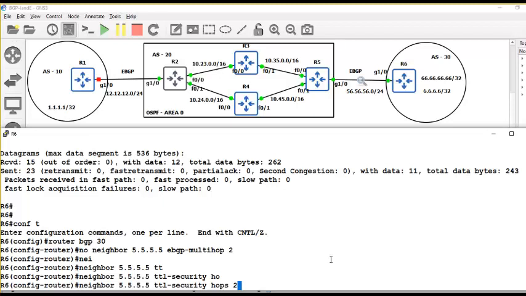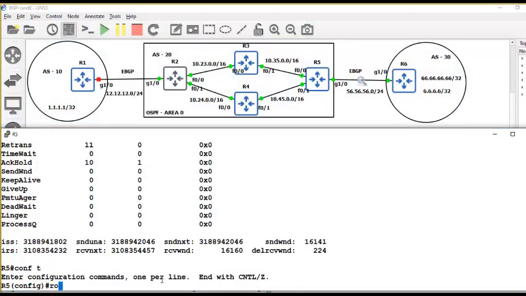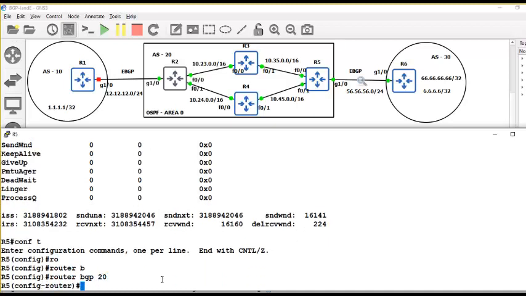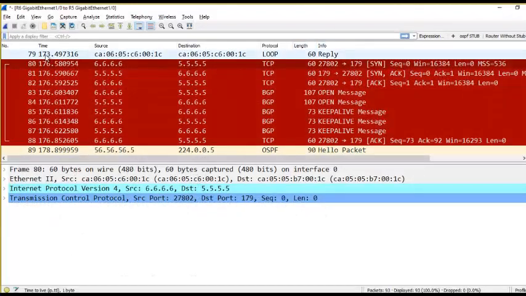So when you say TTL security hop 2, let me remove it from router 5 also and show you. Router bgp 20, I remove this. Hello, where is the ebgp-multihop command? I remove this. Instead I say, wait, I will also sniff the packet. Start the capture.